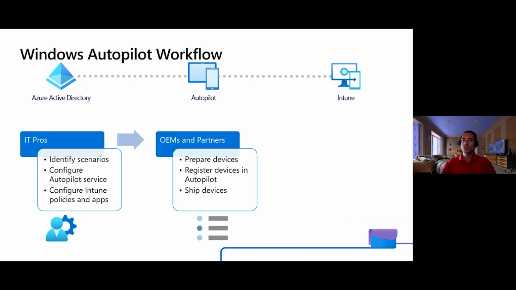The second stage is where the device gets registered in the Autopilot service. In this case, we are considering the scenario where an OEM or a partner is registering the devices on behalf of the customer, and the OEM can use the API method, and the partner can use the Partner Center portal to register devices on behalf of the customer.